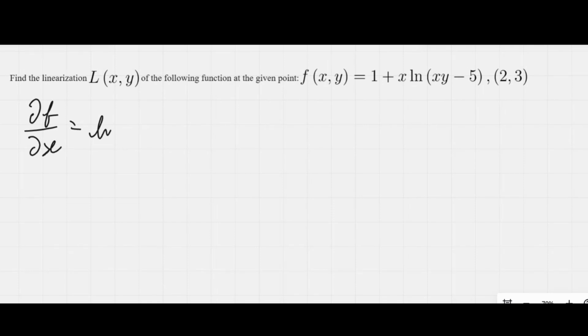So we have ln(xy minus 5). And then in order to use the product rule, we keep that x for the second term, and for the second term we have to derive ln(xy minus 5). Well, the derivative of ln(xy minus 5) treating y as a constant is simply going to be 1 over xy minus 5.